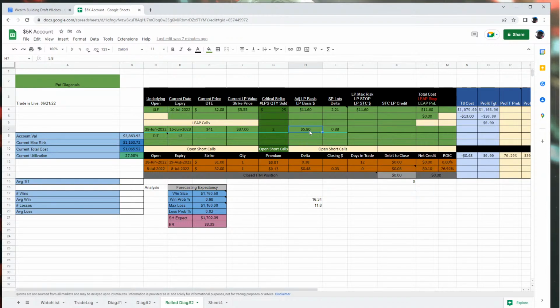So if I were to do that, let's duplicate this and tinker with it. You can see my adjusted LEAP basis. L4 is the total sum. Since I paid 580 for one, it's times 2. So 580 times 2 is 1160.